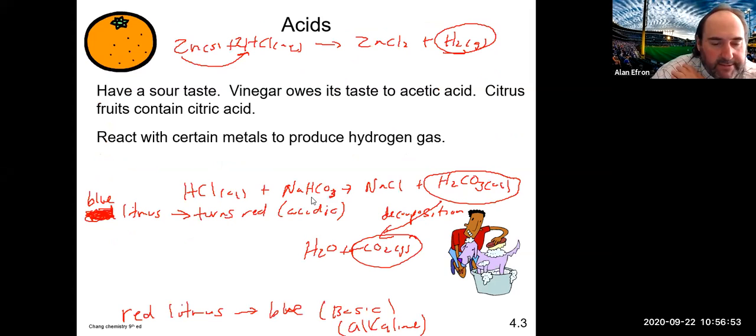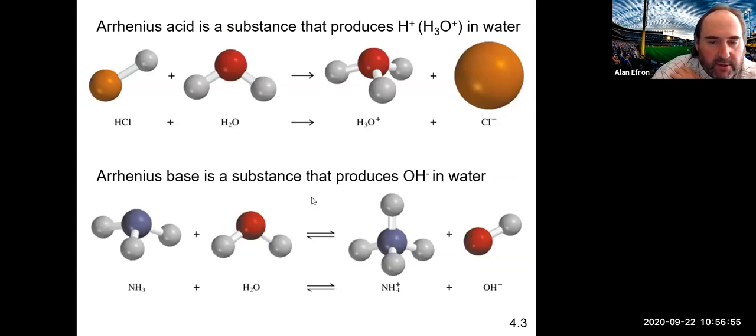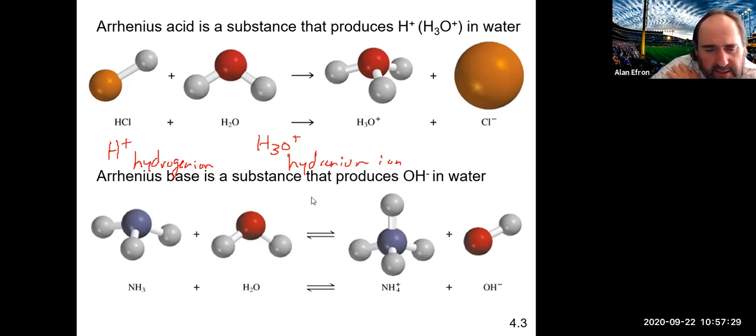So then let's get to acids and bases. An early definition of acids and bases was made by Arrhenius, the guy we saw in kinetics. Basically he said that any substance that can produce H plus or H3O plus in water is considered an acid. In acid-base chemistry, H plus, the hydrogen ion, and H3O plus, a polyatomic ion known as the hydronium ion, are essentially equal to each other.